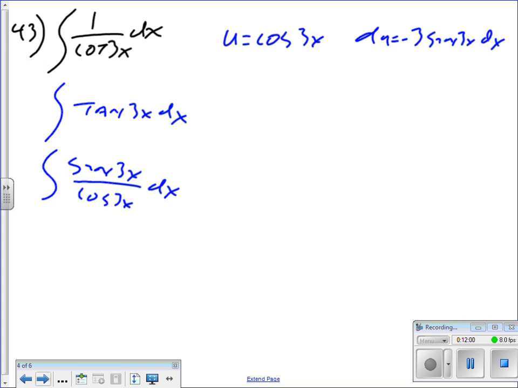Because of the chain rule, the derivative of the cosine is negative sine, so it's negative sine 3x times the derivative of 3x, which is 3. I don't have negative 3 sine 3x, I have sine 3x. So negative 1/3 du is equal to sine 3x dx. There's my substitution.